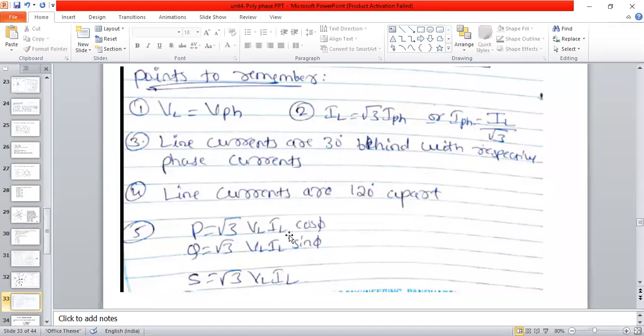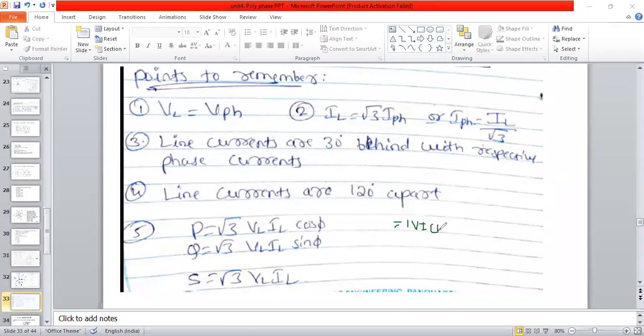For any equations you consider, it may be star connection or delta connection, P equal to VI cos phi is the single phase formula. For 3 phases, 3 VI cos phi.